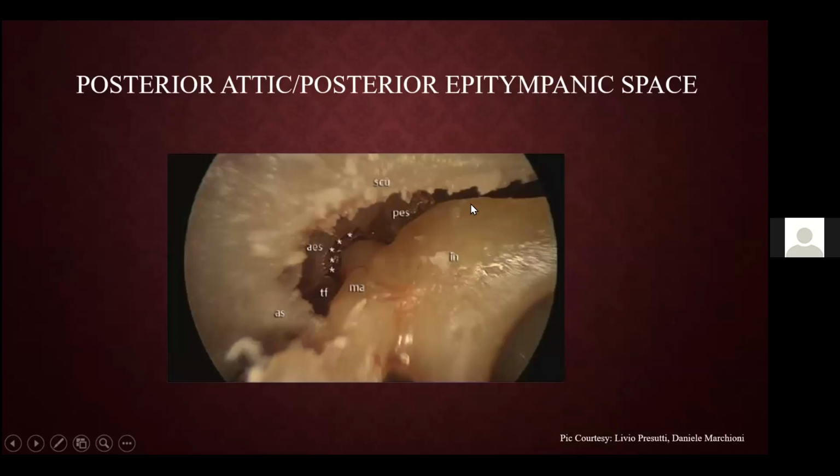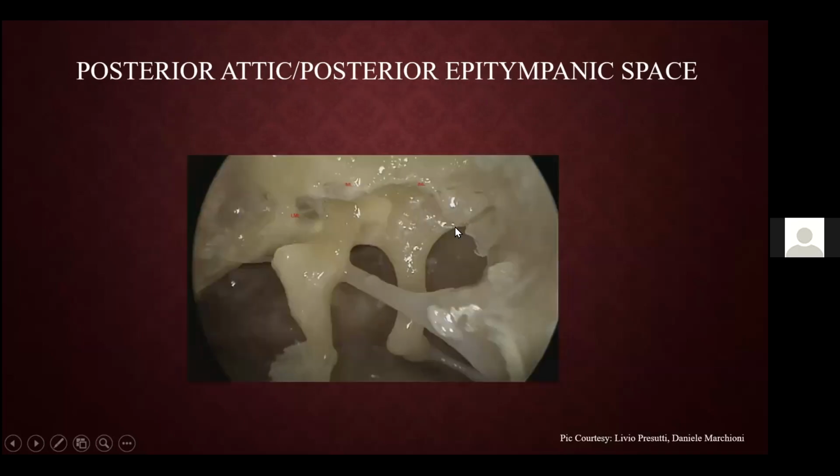And when there is a fold which is not visible in this picture, a fold on the superior aspect of the incus body, that is the superior incudal fold, it will divide the posterior attic into various spaces. So we can see these are the spaces which will be present laterally. Actually, these are the lateral malleal fold and the incudo-malleal ligamental fold.